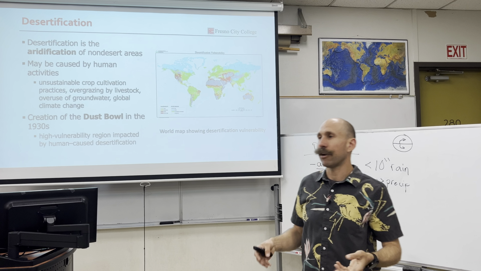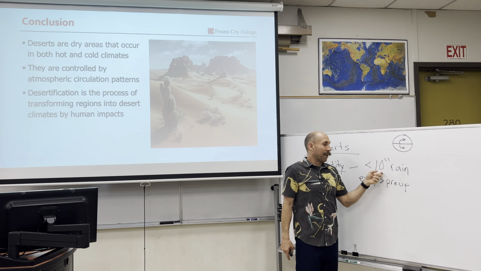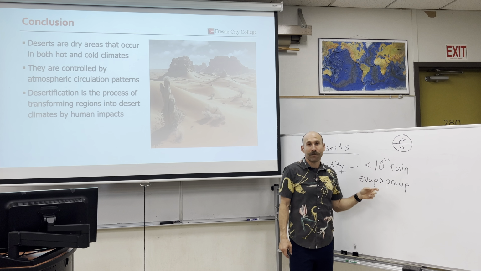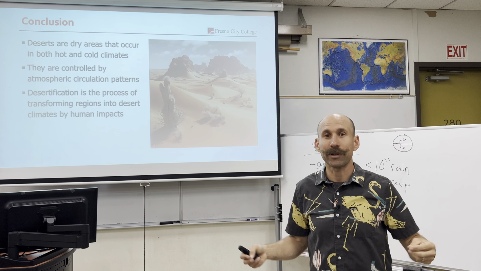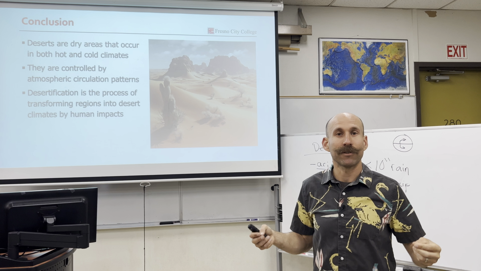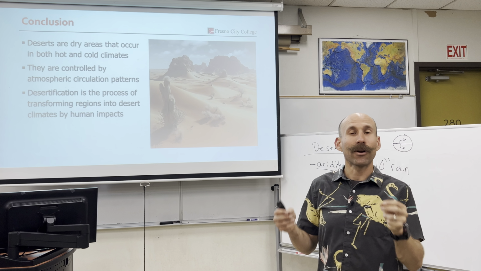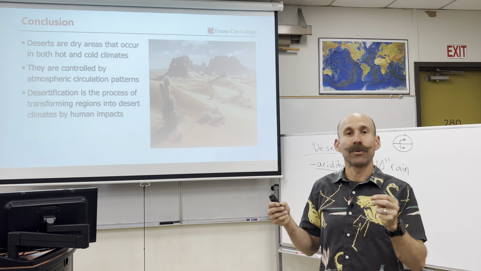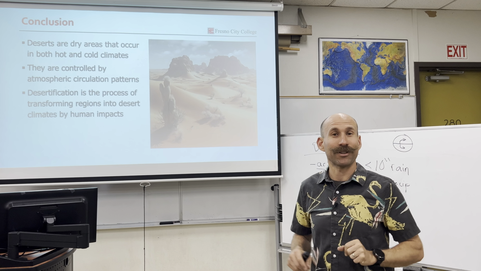Okay, so deserts, really awesome. They're dry, they're designated by how dry they are, not by the temperature. Dry being less than 10 inches of rain, evaporation greater than precipitation. They're located globally where atmospheric circulation patterns are also dry, and the Earth is susceptible to human impacts for creating desert regions out of non-desert areas.